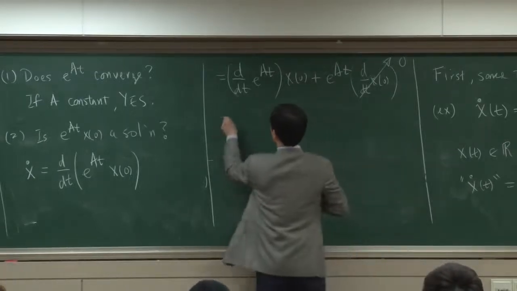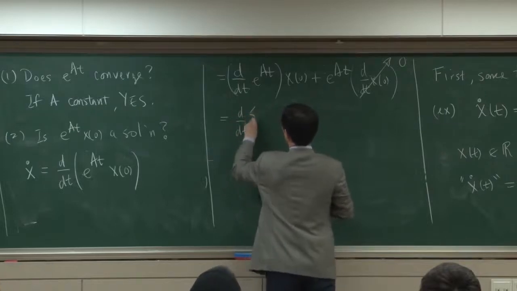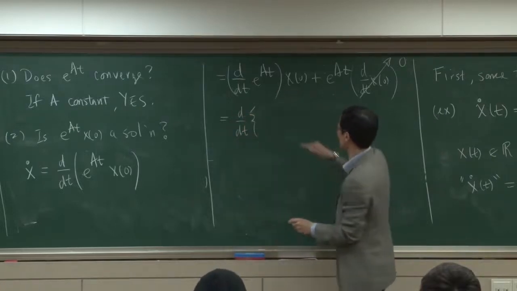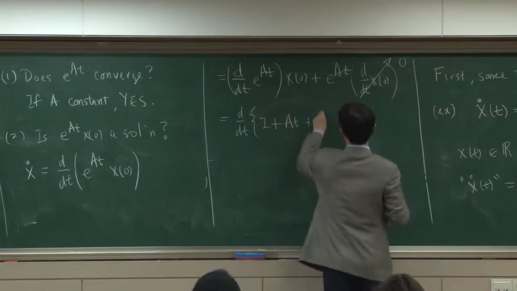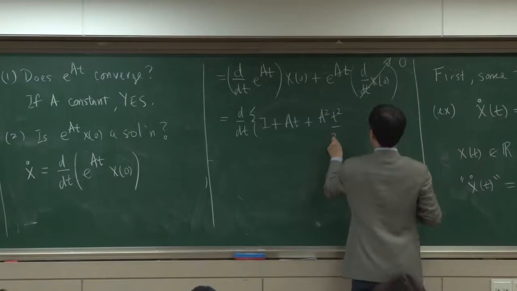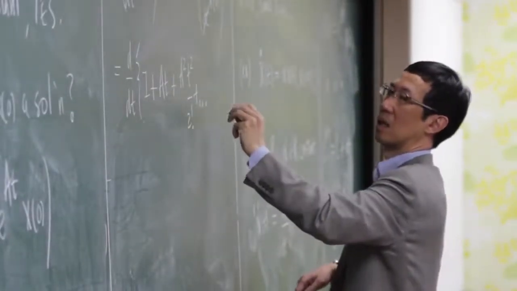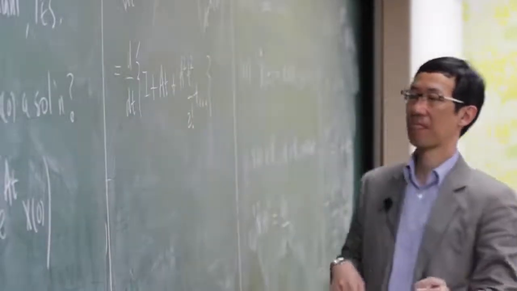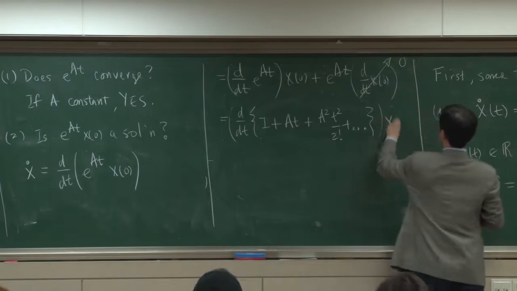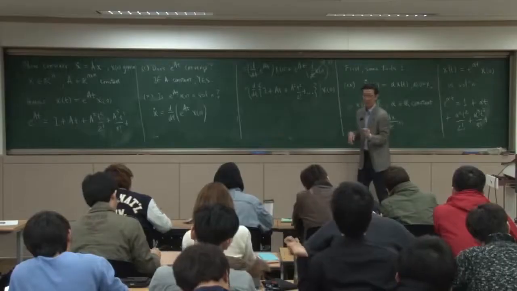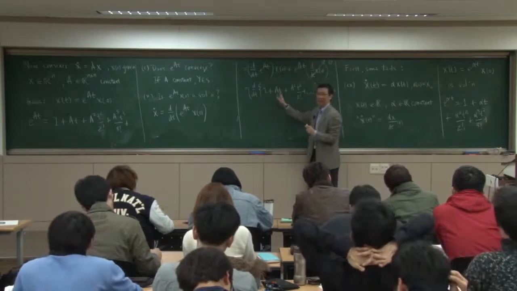Okay, so we now take the time derivative of this series, e to the at, I plus at plus a squared t squared over 2 factorial plus dot dot dot, and I guess we need to do this times x0. Now we know how to take the derivative of this term by term.